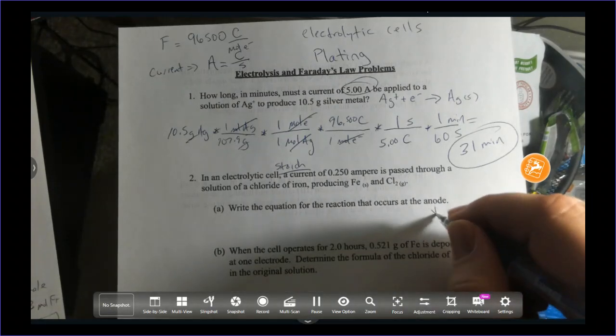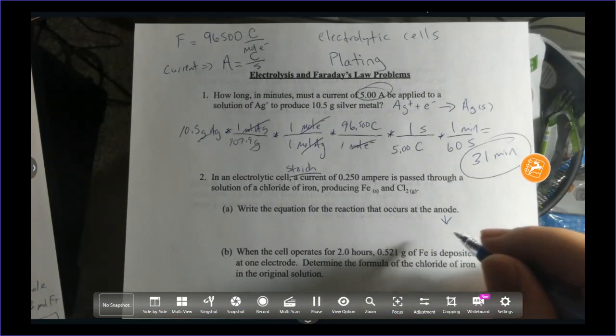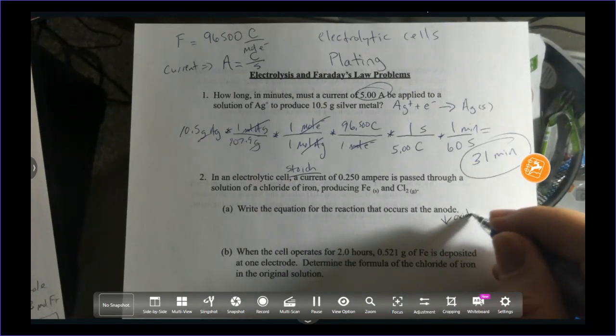It wants the anode. So we know what's happening at the anode. Think about what's happening to yourself. Is it the iron or the chlorine that's going to be happening here? If you said the chlorine, you were correct. The anode is oxidation.